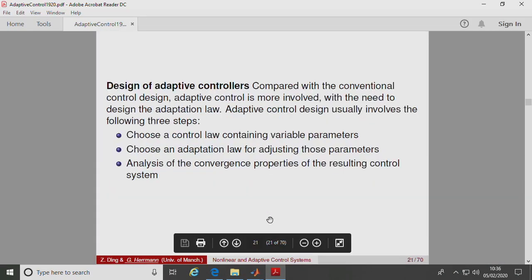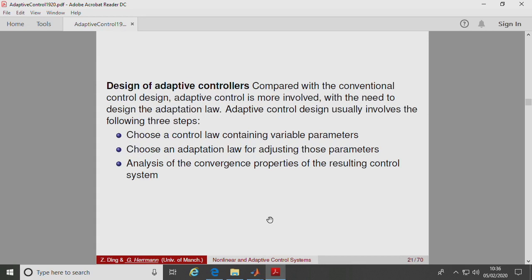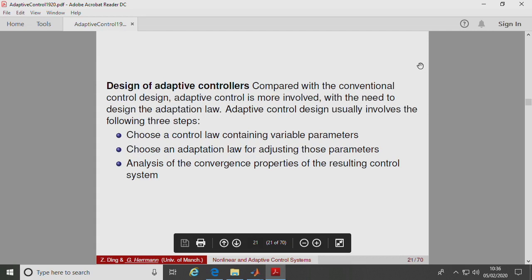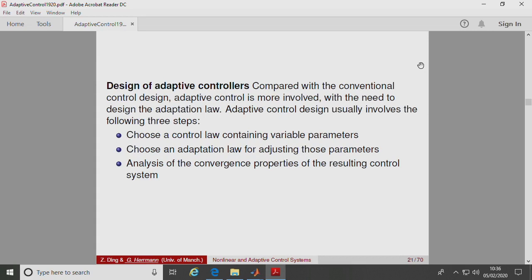So, the steps of designing an adaptive controller. At first, in our case, we design a model reference controller, the controller which allows us to follow our nominal model.